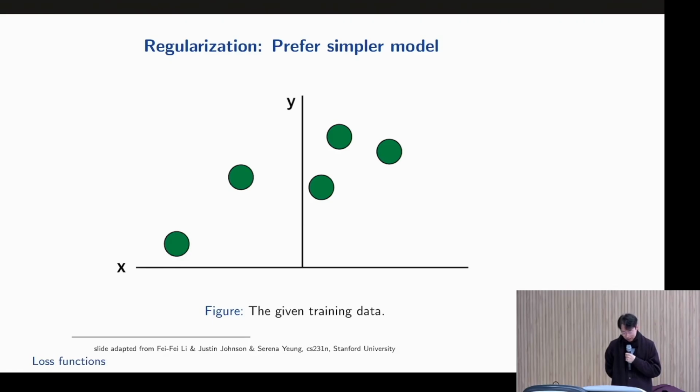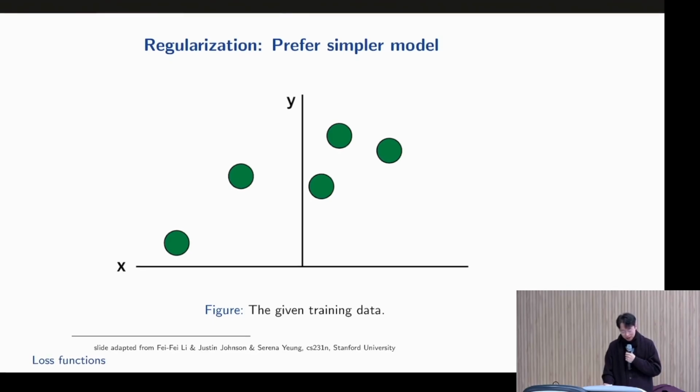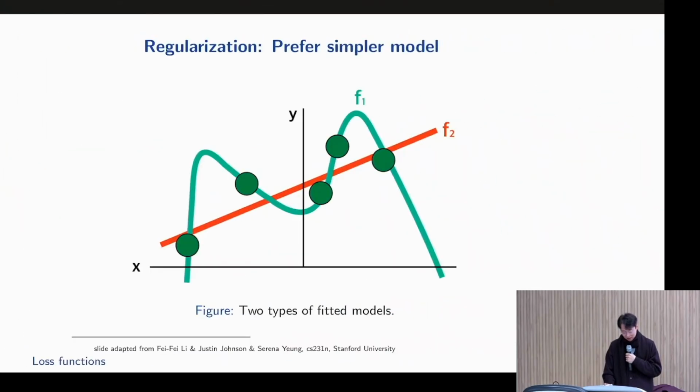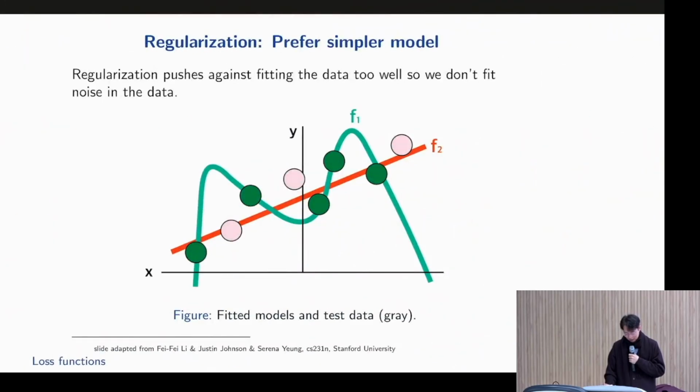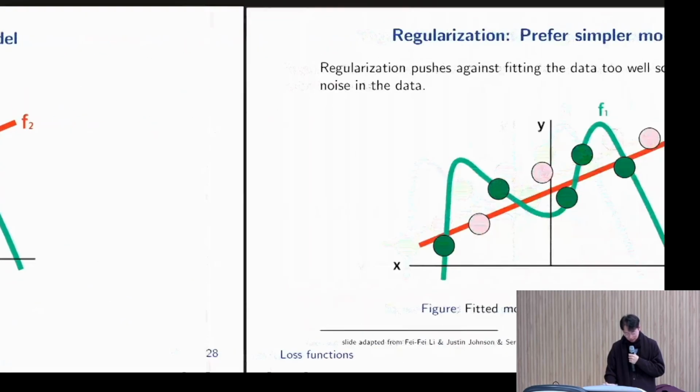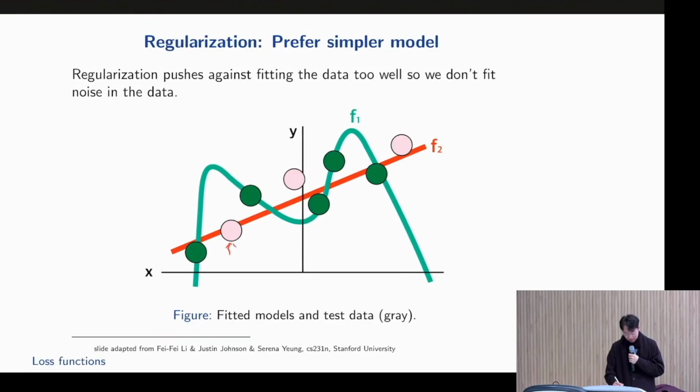Given some training data, there may be many different models that perfectly capture the training data. So this is a regression task, not a classification task. Let's say we're given 2 types of model, F1 and F2. The green data points are our training data, and the pink dots are test data.